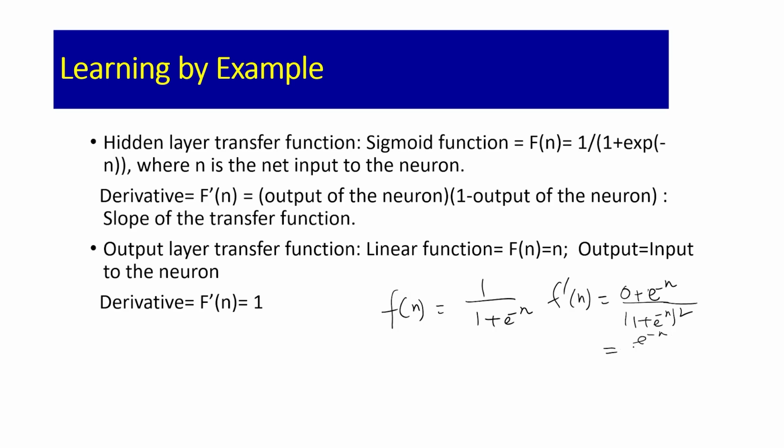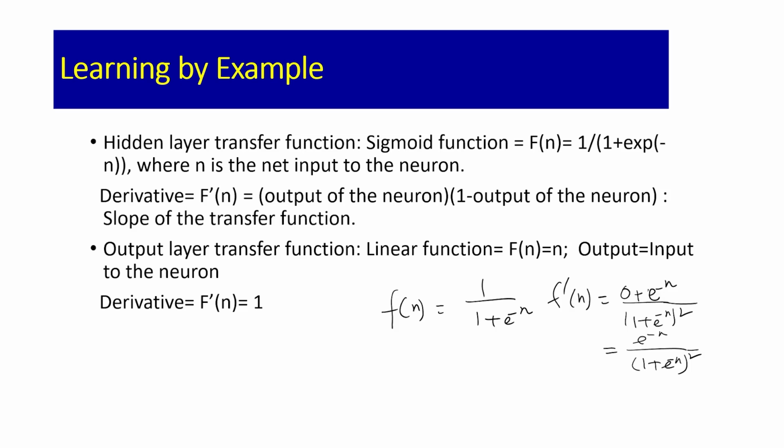Exponential minus n is always going to be a positive number, so the square does not make a difference. That is nothing but the output of the neuron multiplied by 1 minus the output of the neuron. Therefore, f prime is the slope of the transfer function.